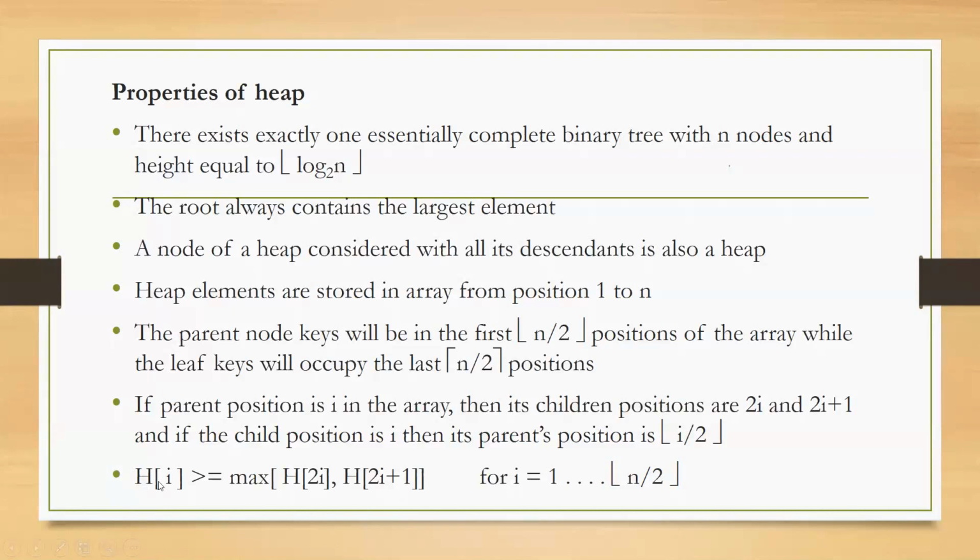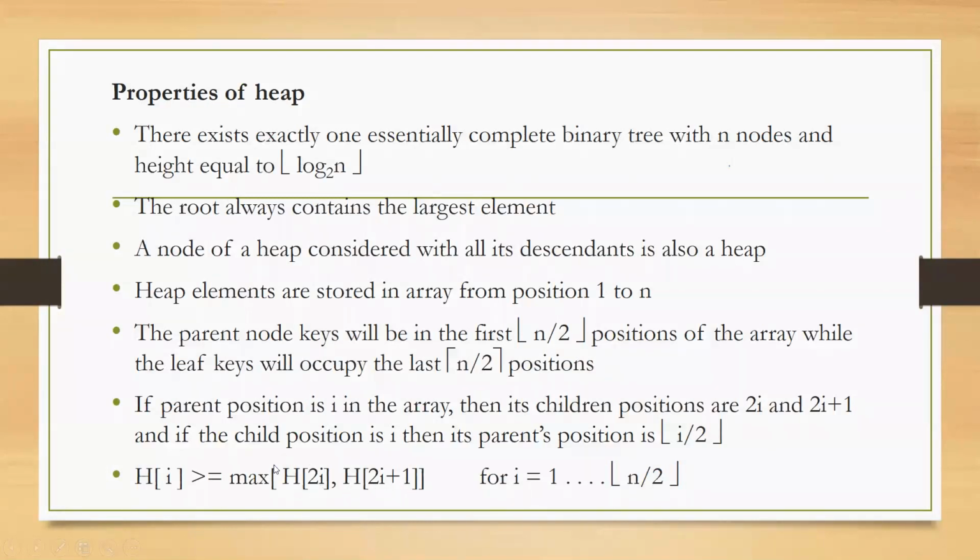Last point, h of i. Consider h is the array name. H of i is greater than or equal to max of h of 2i, comma h of 2i plus 1. H of 2i is the left child, h of 2i plus 1 is the right child.